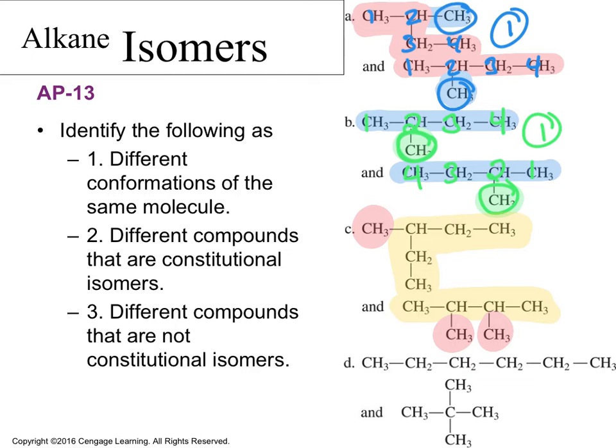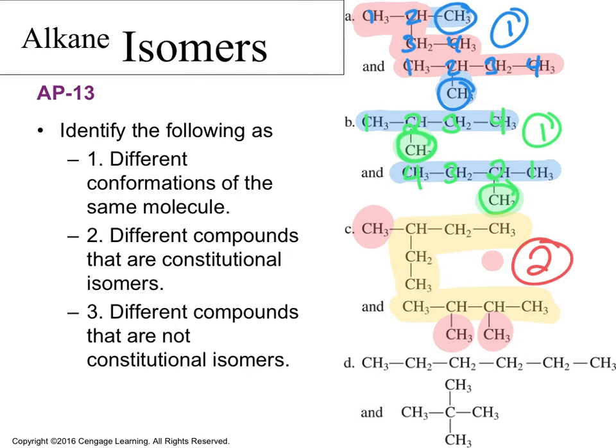So they do have the same formula. They both have 6 carbons. But in the first example, I have a 5 carbon chain with 1 CH3. And in the second example, I have a 4 carbon chain with 2 CH3s. So these are considered constitutional isomers. Same formula, things are connected differently.